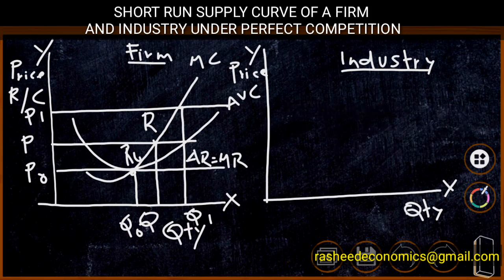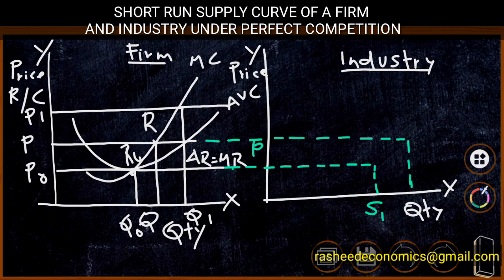In order to identify the relation between price and supply in the industry, we need to extend this price line, that is the average or marginal revenue line, to segment 2. Therefore, we will get a price OP and a corresponding quantity S1. In the same manner, we are going to plot the second line, another price and another quantity.